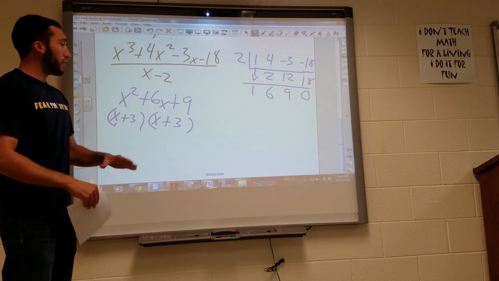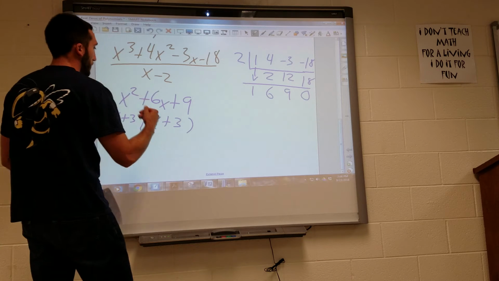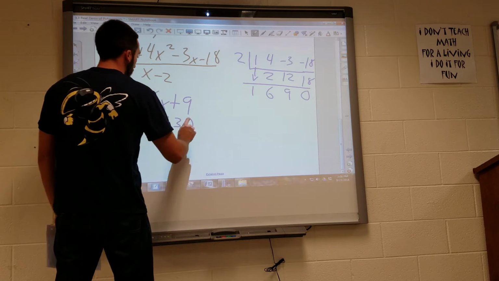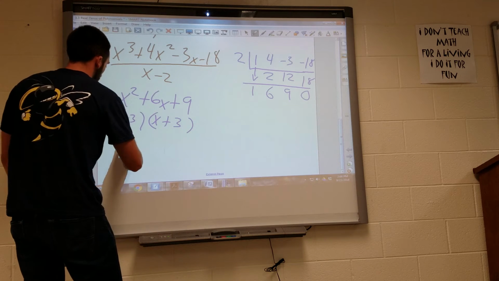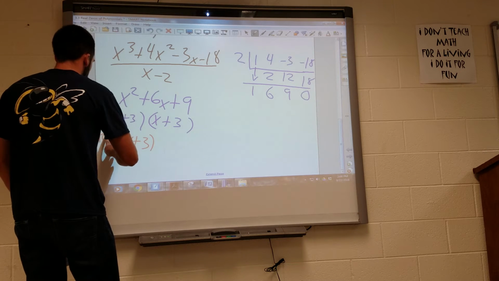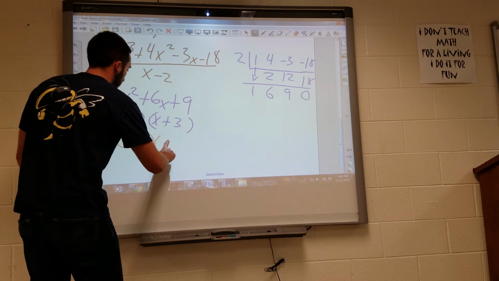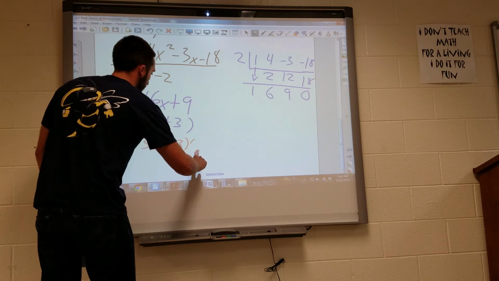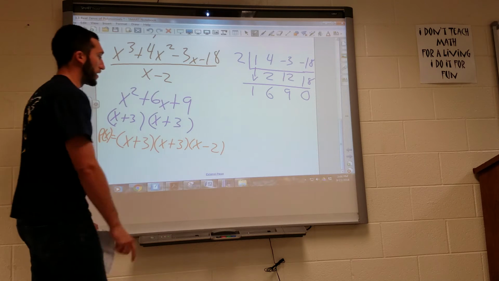Okay, so giving us all of the factors of the original polynomial, I'll write this in a different color just to distinguish, the factors of p of x is x plus 3, x plus 3, x minus 2.